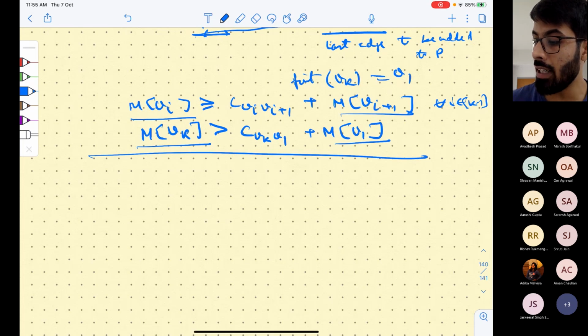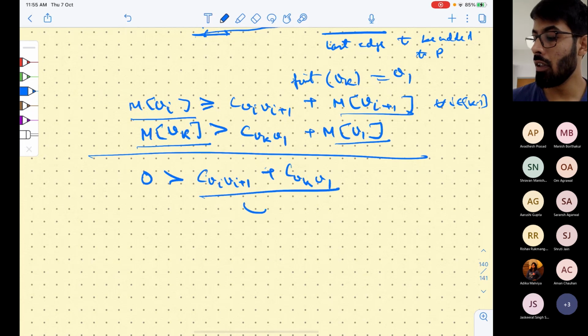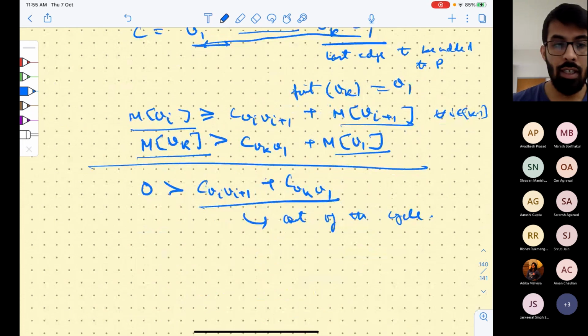All these get cancelled, and what you get is 0 is greater than C of Vi, Vi plus 1 plus C of Vk, V1, which is the cost of the cycle, right? So you can show that this happens, that the negative cycle is there and that can be detected.